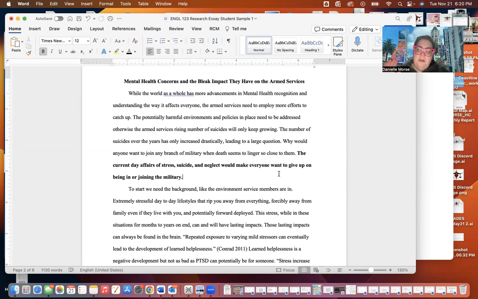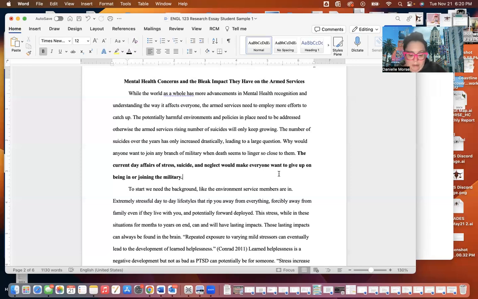If I am trying to infer how this functions as a thesis statement, I would say, okay, I understand the base idea, which is that because mental health concerns are not being adequately, competently, appropriately addressed in the armed services and potentially veterans, I don't know.